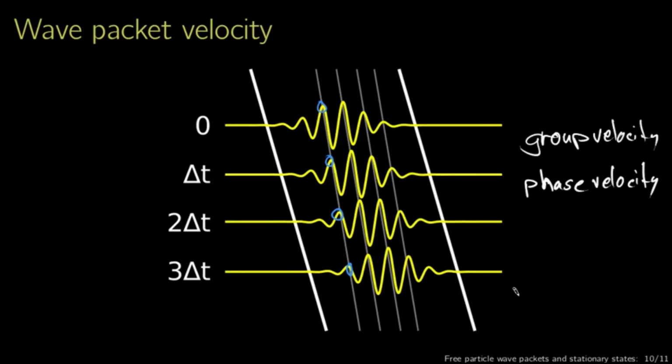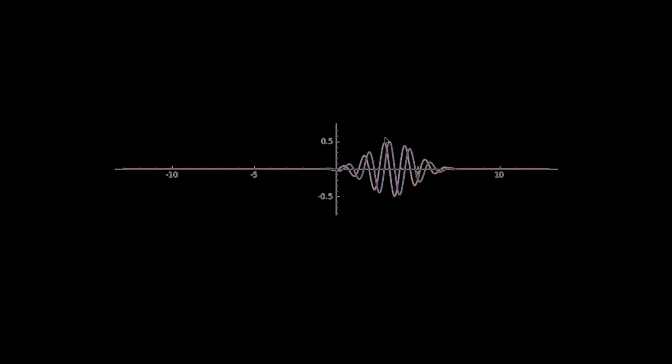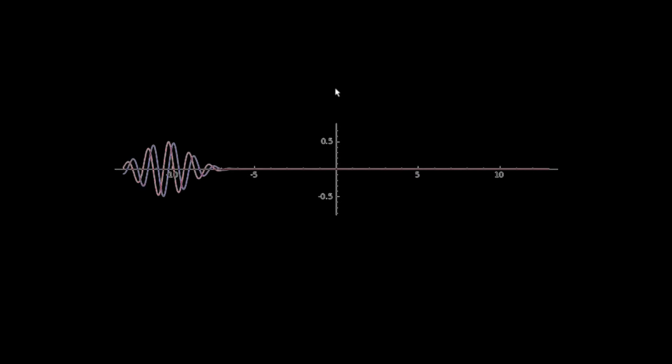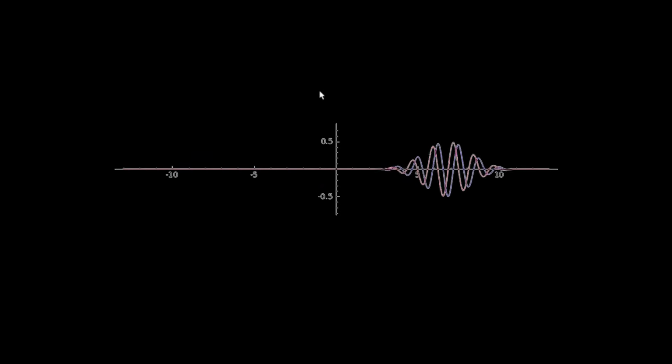To give you a better feel for what this looks like, here's an animation. What we're looking at now are the real and complex parts, shown in red and blue, respectively, of a hypothetical wave packet that might represent a solution to the Schrödinger equation. It doesn't actually represent a solution to the Schrödinger equation, but this is the sort of behavior we're looking at.